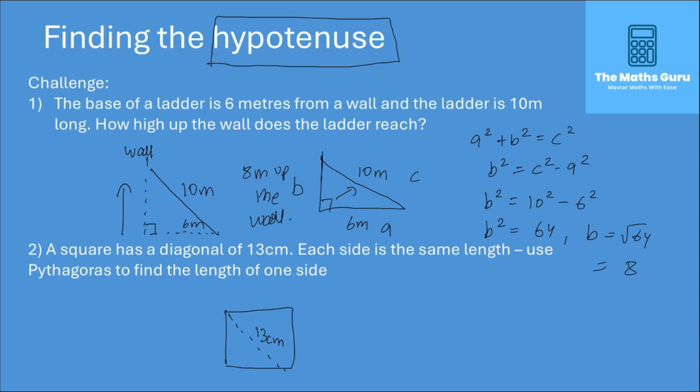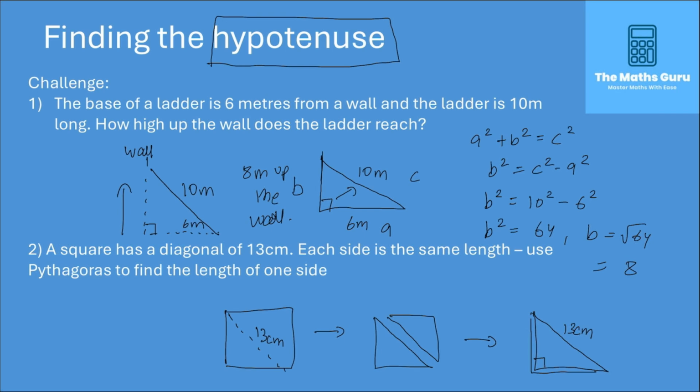So we can isolate this square into two right angled triangles. Sorry, did I say rectangles? Okay. Now we can look at the bottom one and say that, okay, we know that each side is the same length, which makes this side equal to this side.